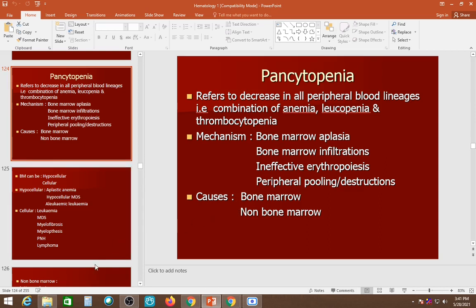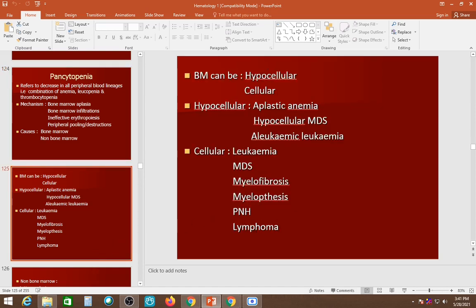Again, under the bone marrow cause, we divide it into hypocellular bone marrow or cellular bone marrow. Under hypocellular bone marrow, we have aplastic anemia, then hypocellular myelodysplastic syndrome and aleukemic leukemia.